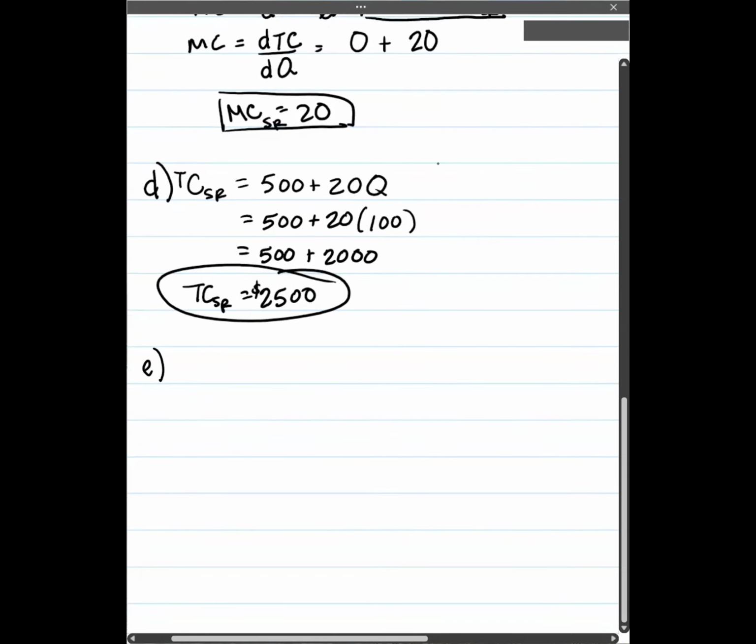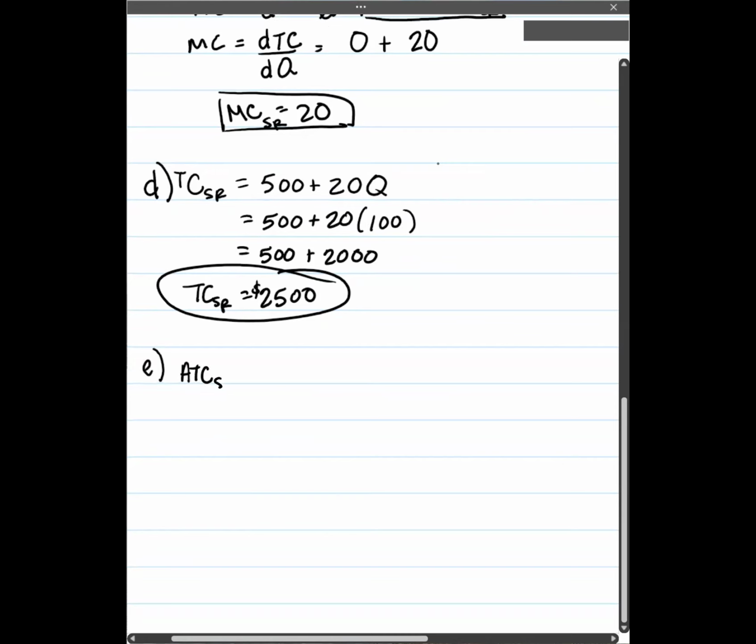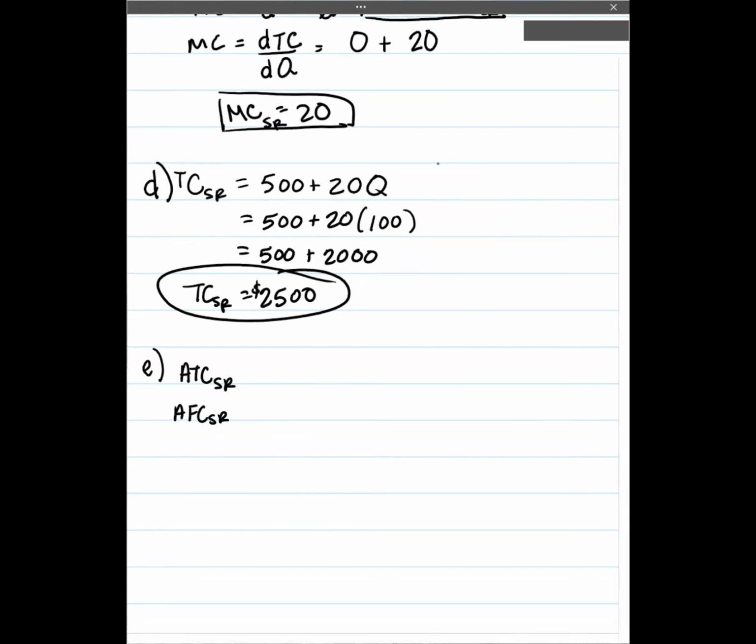Moving on to E, now we are asked to evaluate Fry Supply's short run average total costs, average fixed costs, average variable costs, and marginal costs when quantity equals 100.